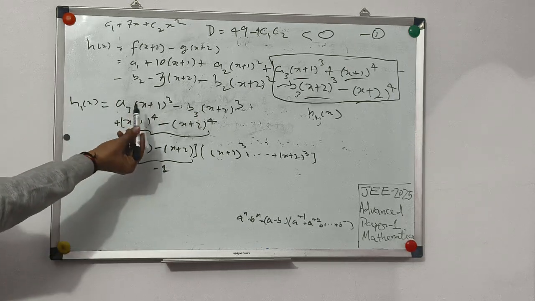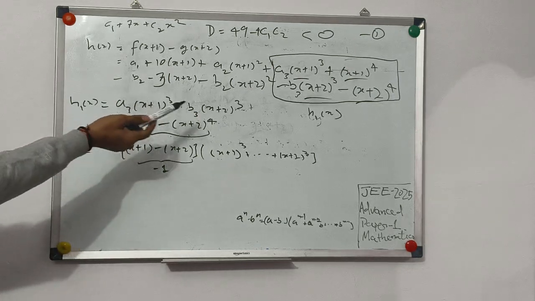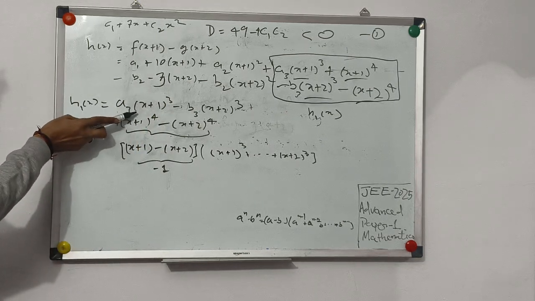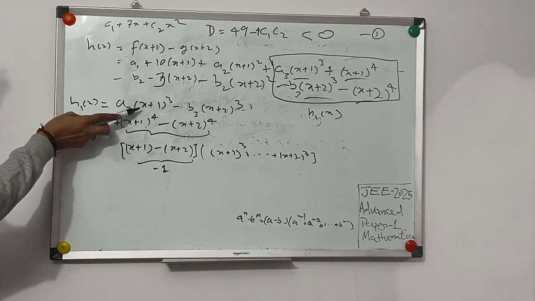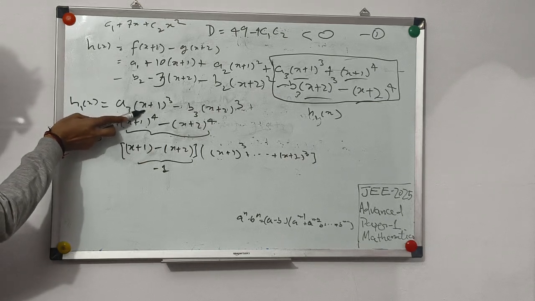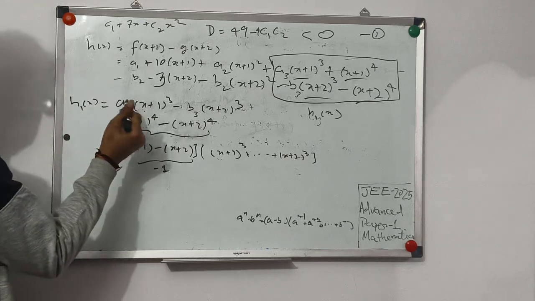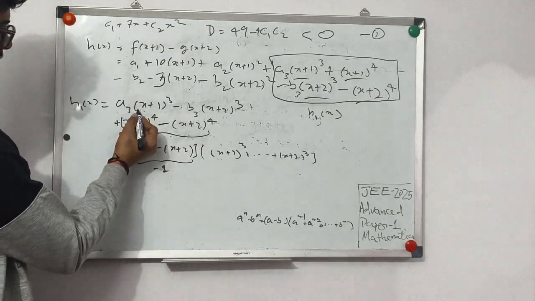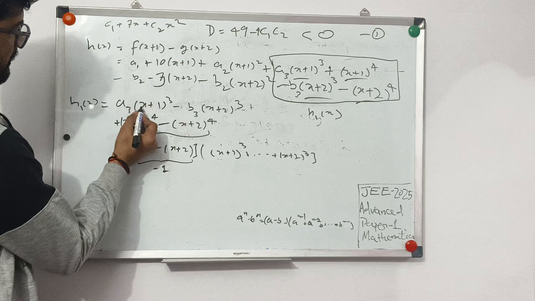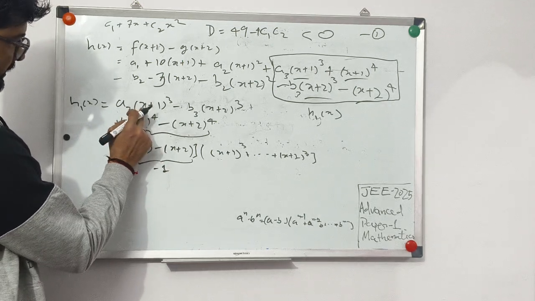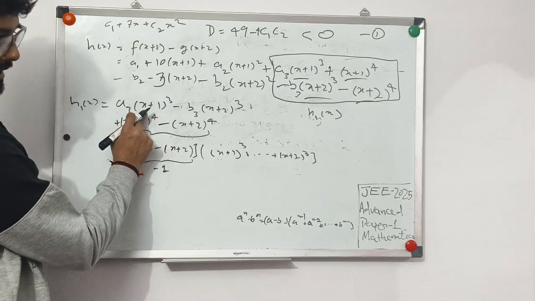Okay, let's just collect all the coefficients of x cube wherever they occur. This term is going to have only one term with x raised to power 3, by binomial theorem. The first term, if we expand it in the powers of x, will have only one term containing x raised to power 3, and that will have the coefficient 1.